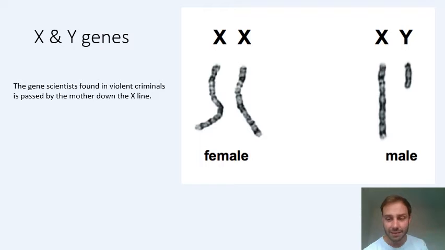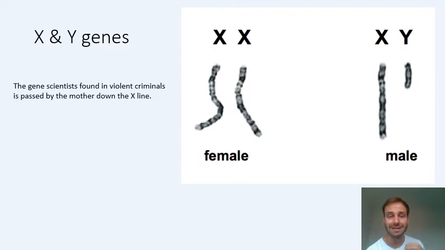The specific gene which scientists found in violent criminals, the gene we were suggesting could lead somebody to performing more violent actions, is passed by the mother to their child down the X line. So if we're going to call it this, the crime gene is passed down the X line rather than the Y line.